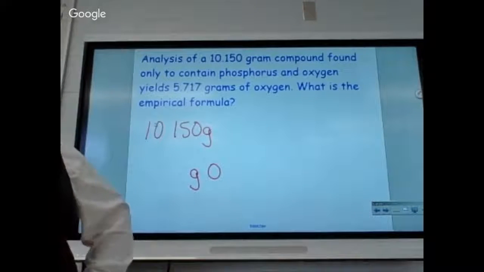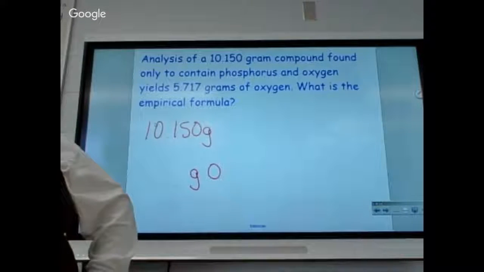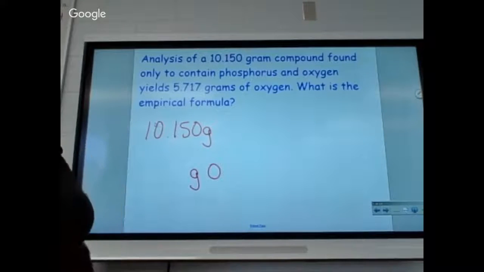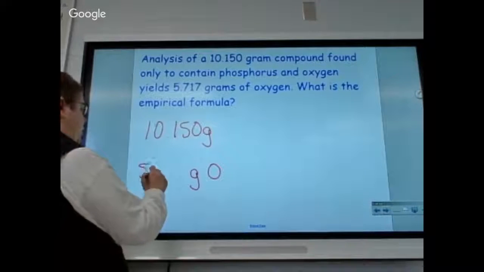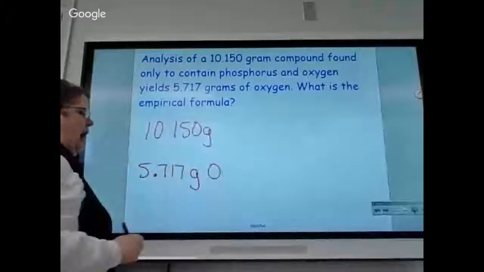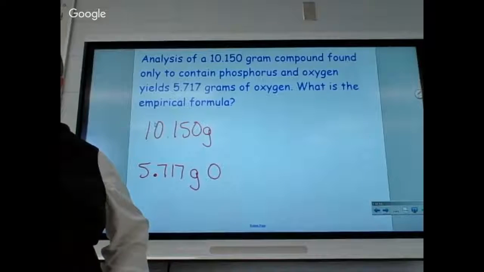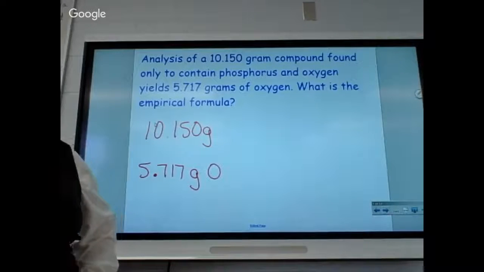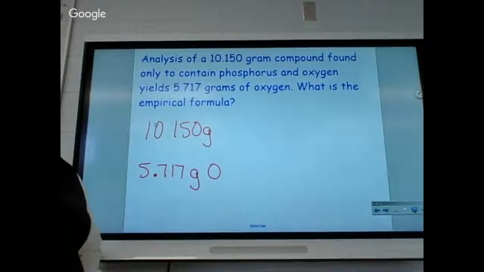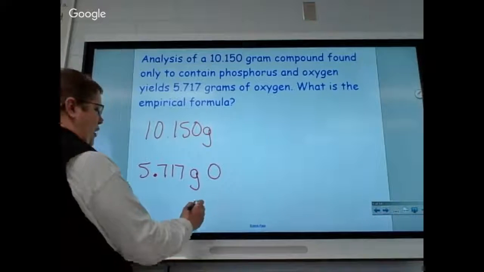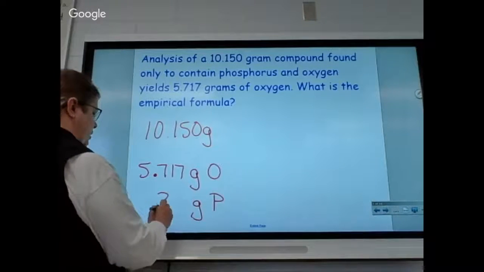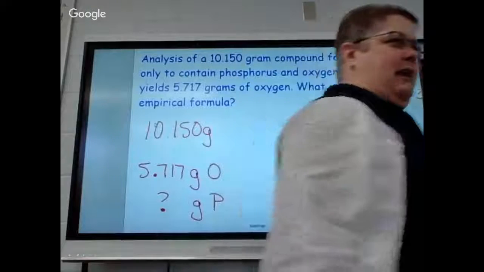Brian says that it gives us a mass of oxygen. So what's the mass of oxygen? 5.717 is the mass of oxygen, Brian says. But he says there isn't a mass of phosphorus. Do we agree with his assessment? Okay, so there isn't a gram of phosphorus according to what Brian says.